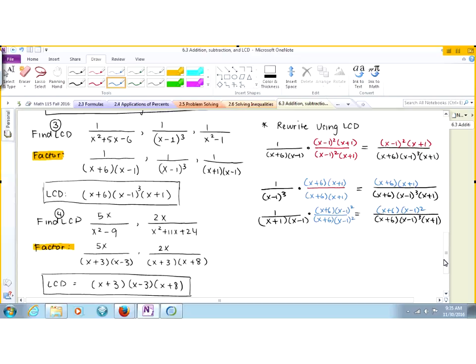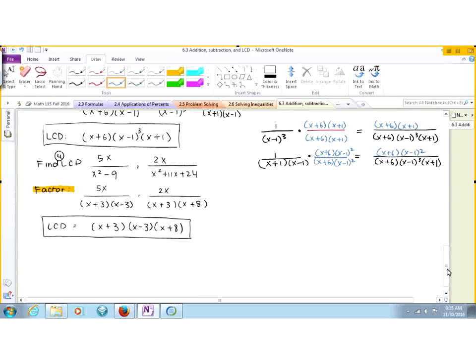Okay. Now last one. Should we do the last one? Are you guys bored? Should we just skip it? Do it? Okay. So I have 5x over x squared minus 9, and then my LCD would be x plus 3. Oh, this is x plus 3, x minus 3.